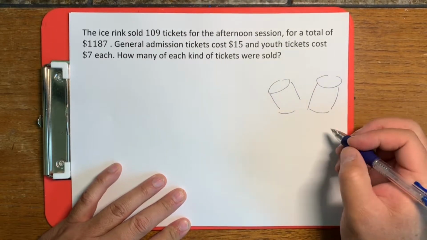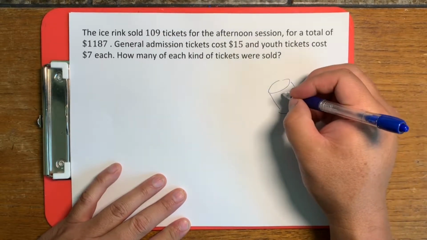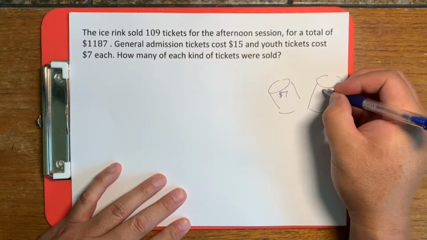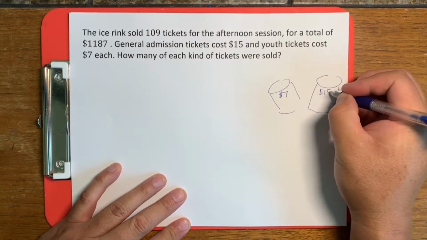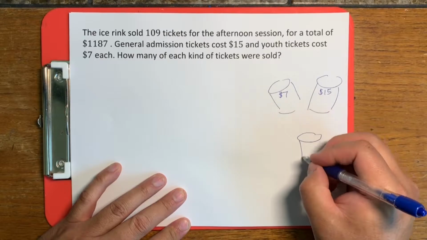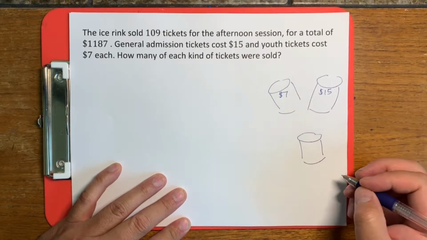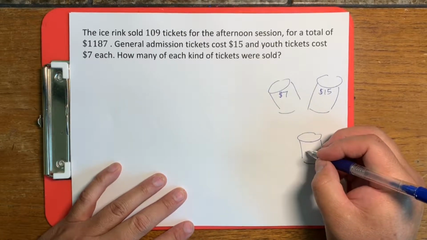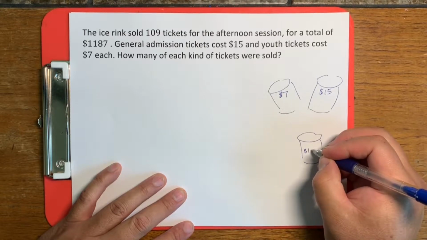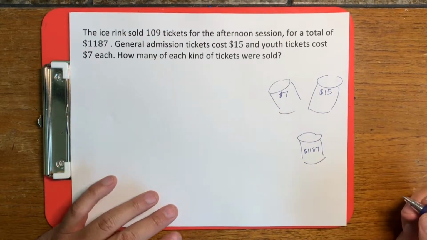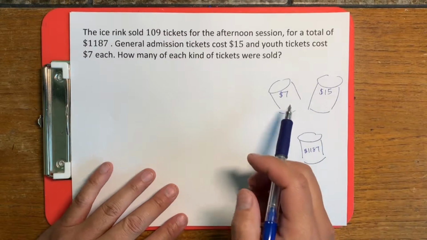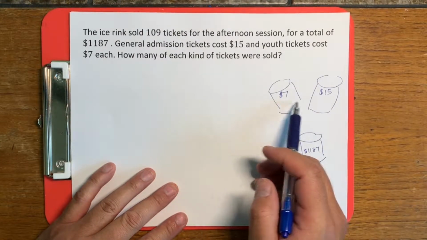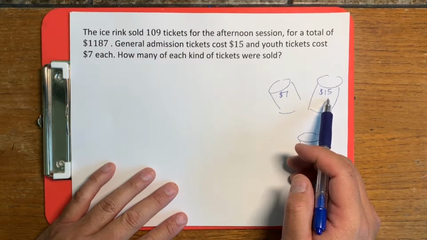We have 2 types of tickets that are worth different amounts of money. One is $7, one is $15, and when we add the total, we get $1,187. So what we need to know is how many $7 tickets there were and how many $15 tickets.